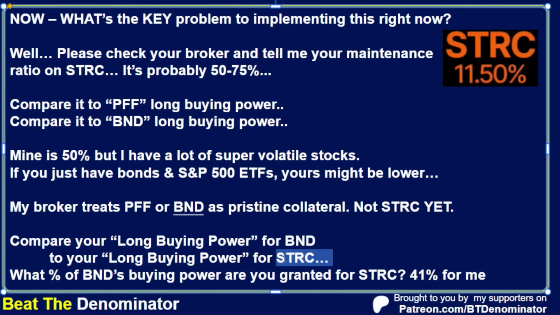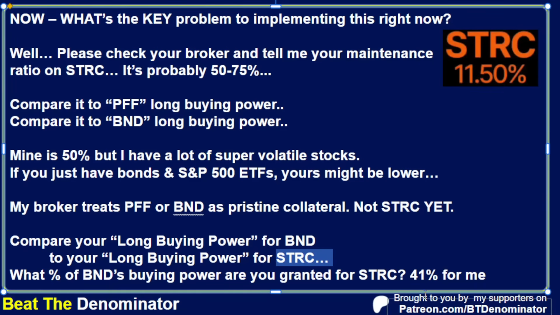You will see your maximum buying power for STRC, and then your maximum buying power for BND. Then tell me in the comment section, STRC to BND, what is the ratio? So what's the percent of BND's buying power are you granted for STRC?